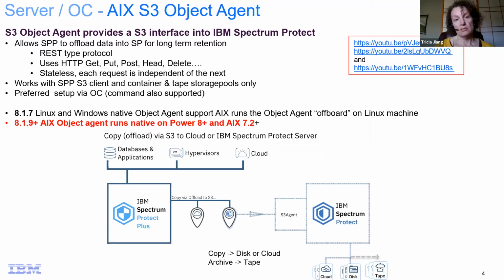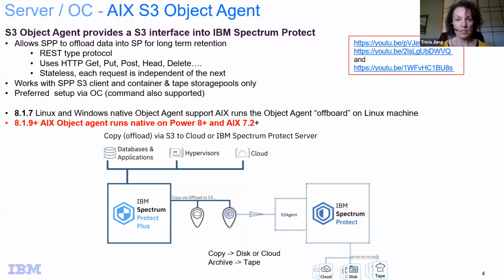This translator, if you will, is what we call our object agent. An object agent will be installed on your Spectrum Protect server. In version 8.17, we introduced that on Linux and Windows, and then we had AIX running as an off-boarded agent. In version 8.19, we now also have an AIX native agent.